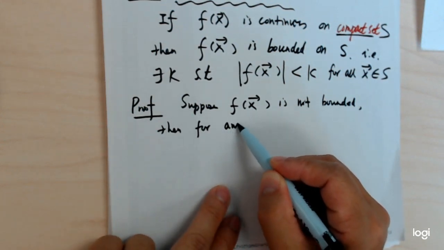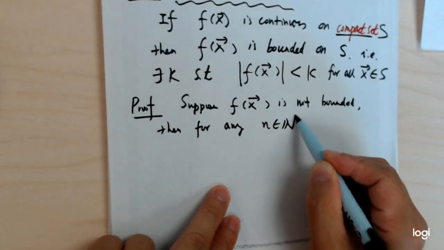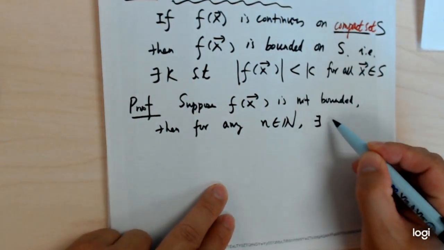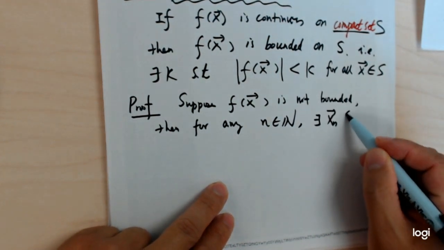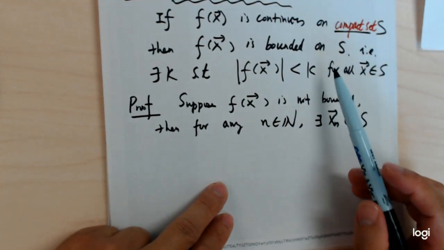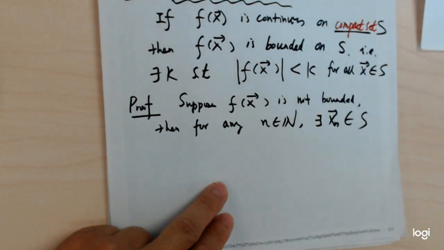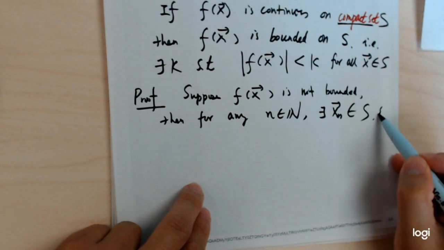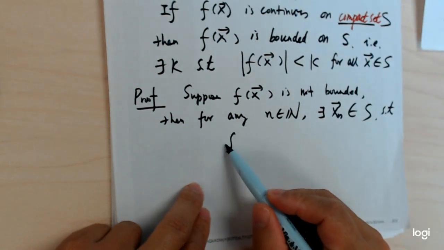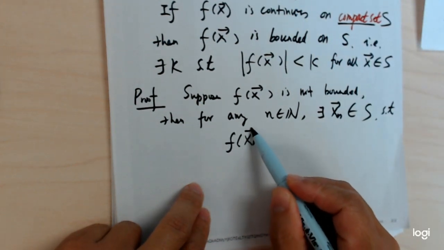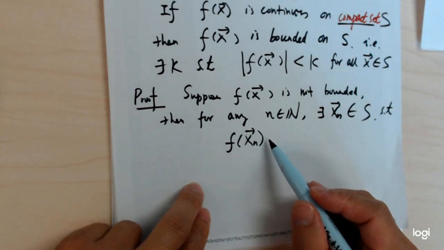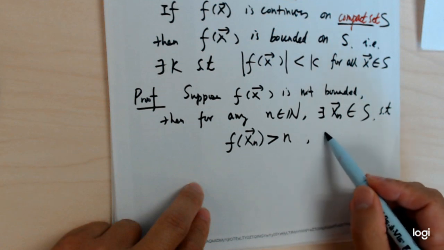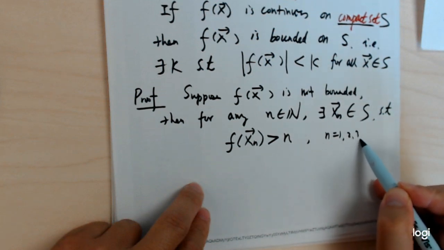Then for every natural number n, there is a point in S, because we are talking about set S here, such that the function's value at that point is getting bigger and bigger. It'll eventually cross n for n equal to 1, 2 and 3.